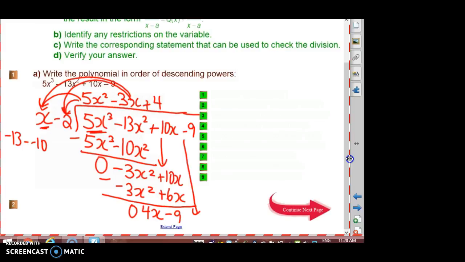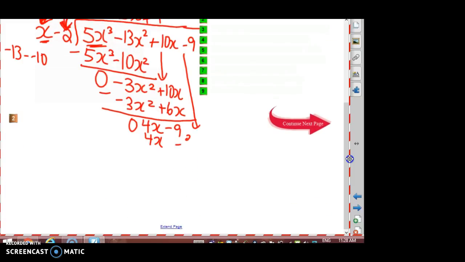And then this guy gets multiplied to the x, and this guy gets multiplied to the minus 2. So it's going to be 4x, and then 4 times a minus 2 is a minus 8.